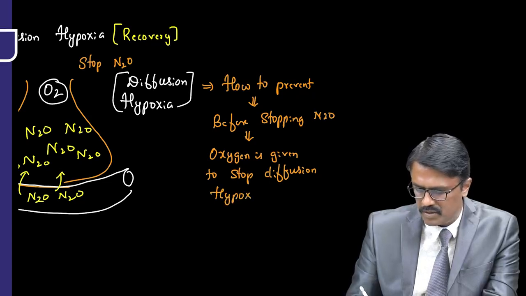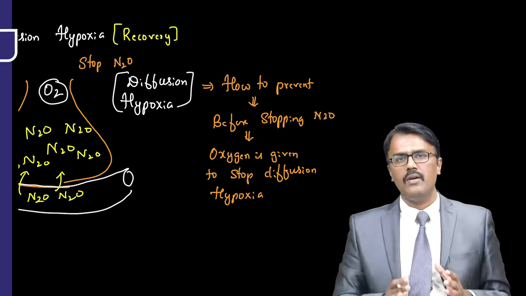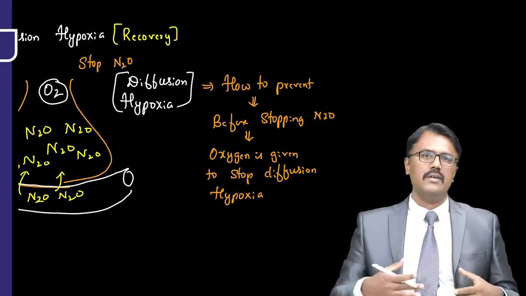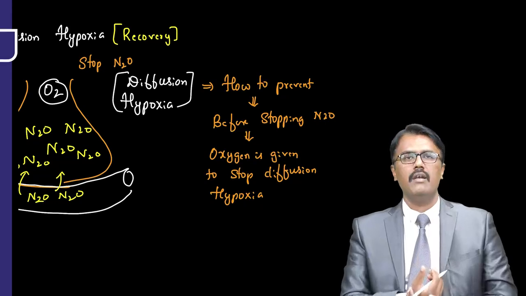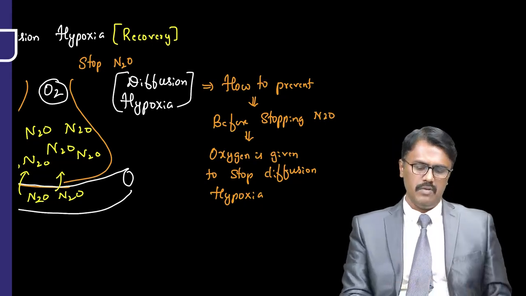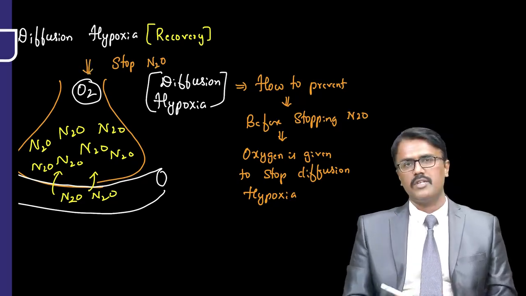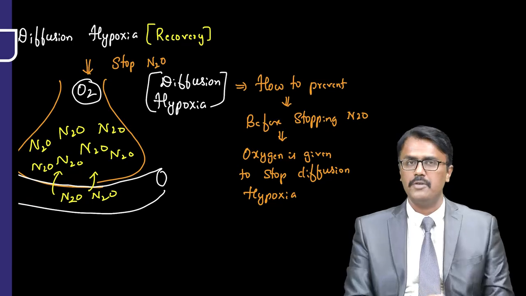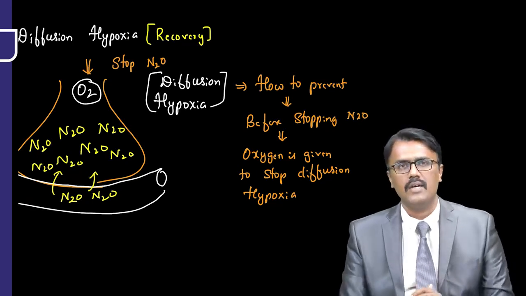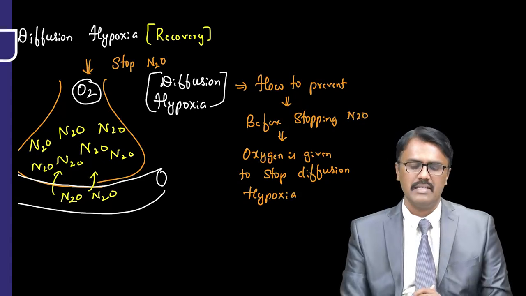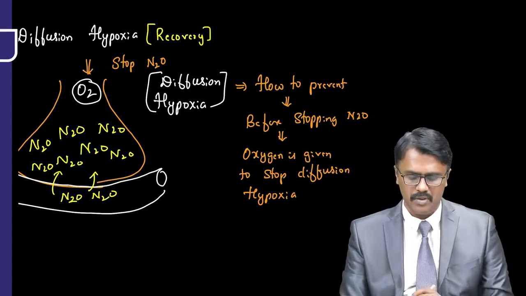So if you don't give oxygen to the patient, and only stop the nitrous oxide, it will occupy the alveoli, and the patient will go into hypoxia. So when you are stopping nitrous oxide, you have to give oxygen from outside. So this is how we prevent diffusion hypoxia. Remember, nitrous oxide is asked for two effects, second gas effect, and one more is diffusion hypoxia.